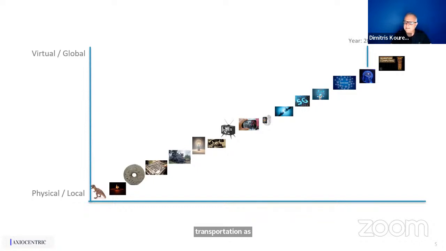And at the beginning of history, different technologies were deployed very slowly, exactly because the world was local and physical. Any technology that had been discovered somewhere in the world could not be transferred and deployed anywhere else.